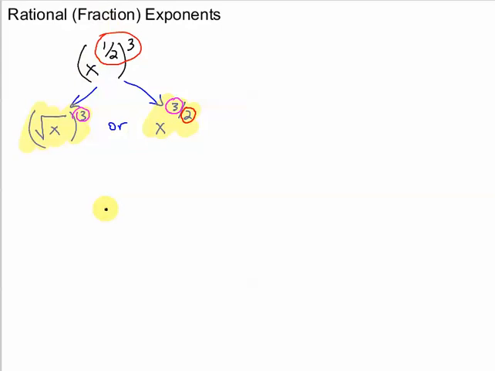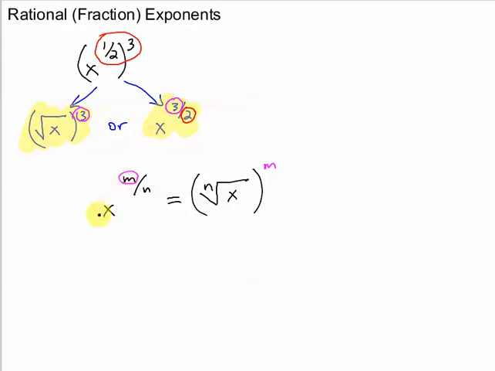So in general, if you have x to the m over n, now your numerator is not 1. That means your root is n, so you've got the nth root of x, right? That's your base. And that whole thing is raised to the power of m, because m is your power, or your exponent. So your denominator is your root, your top is your power, or exponent.